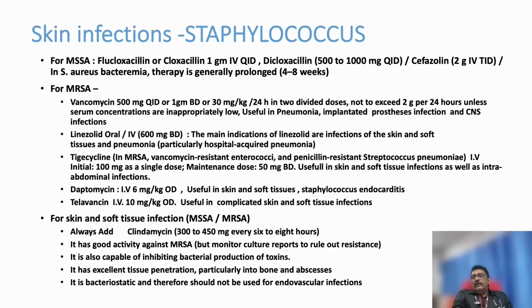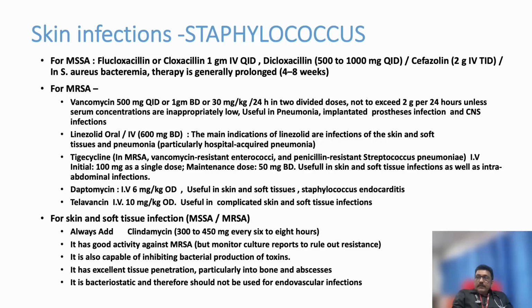There you can give piperacillin tazobactam or other drugs which cover gram negatives, and MRSA coverage has to be given. You can give drugs like vancomycin, linezolid, tigecycline, daptomycin, telavancin, all of which can cover gram positive MRSA, but the main drugs will be linezolid and vancomycin. Linezolid has good coverage and is available as oral tablets also, so that can be given.